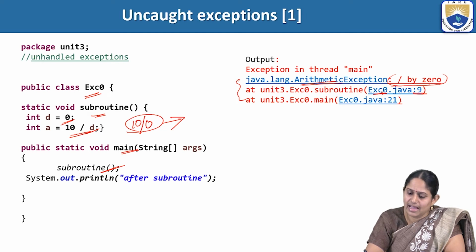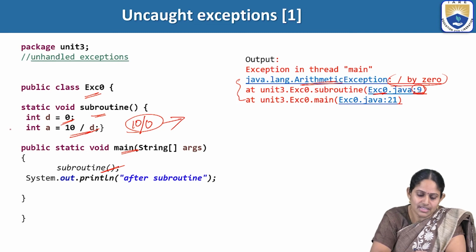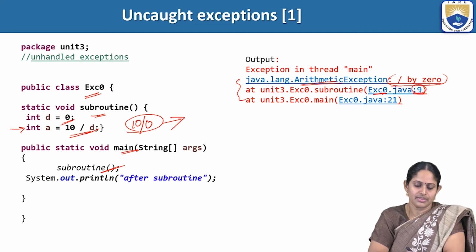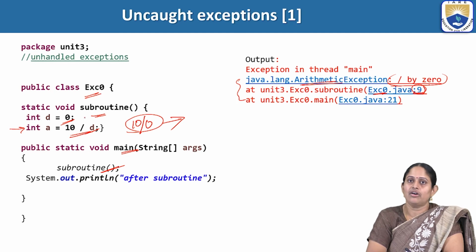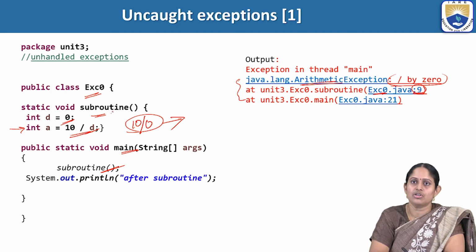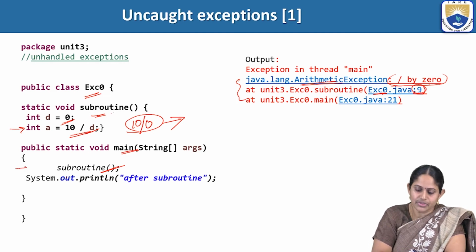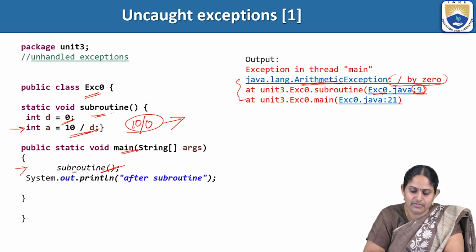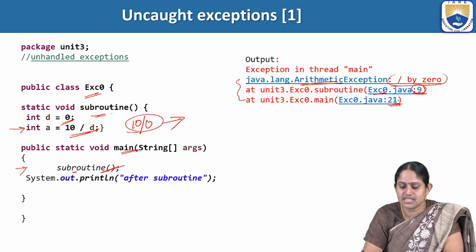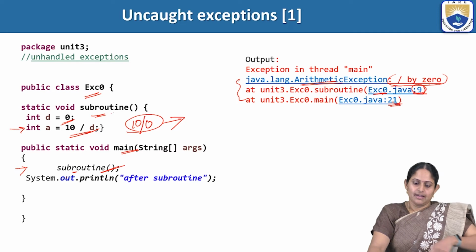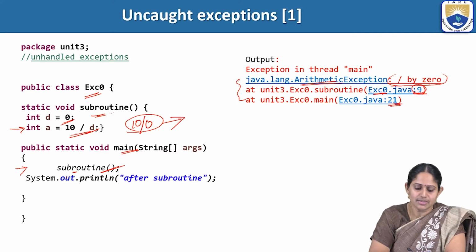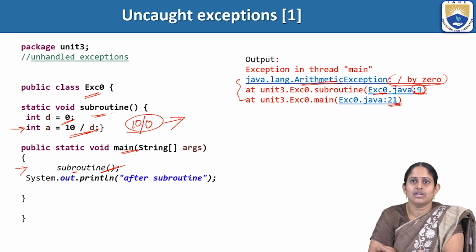So this is the line of the subroutine, which was called by main at line number 21. So at line number 21 this statement was called, right? So what happens at this point? The exception has occurred. When an exception occurs at this point, the program will stop its execution.